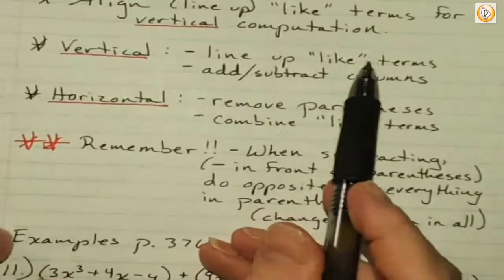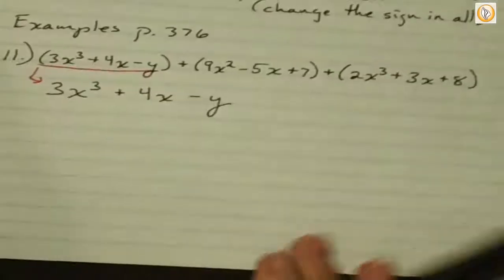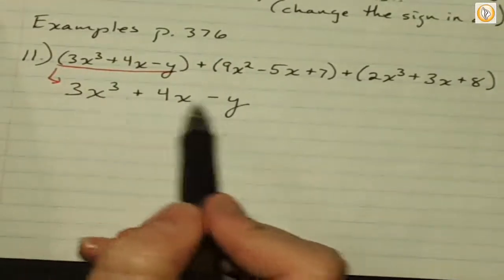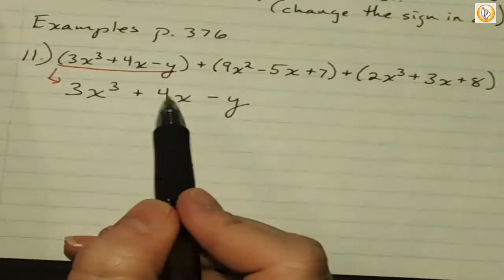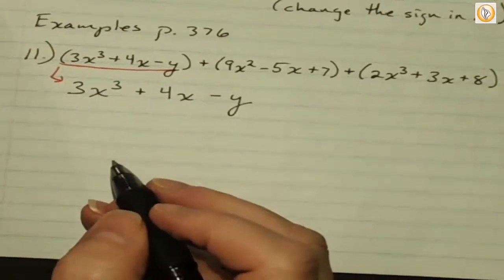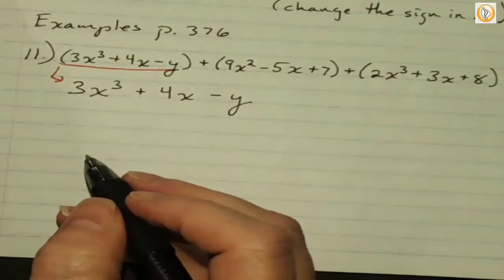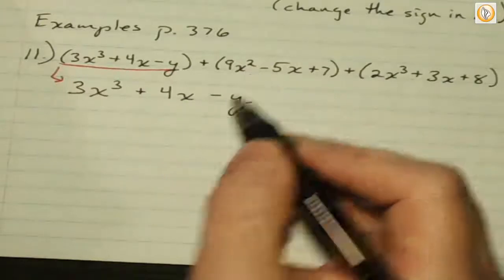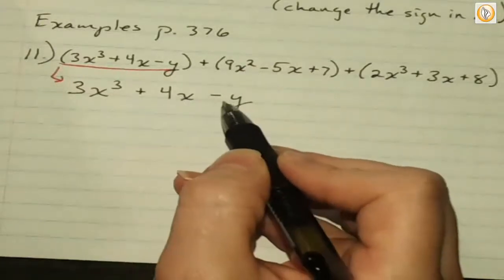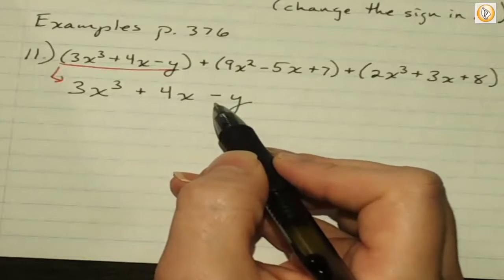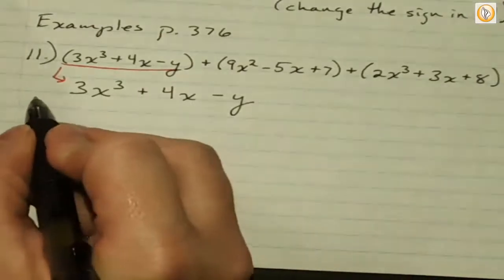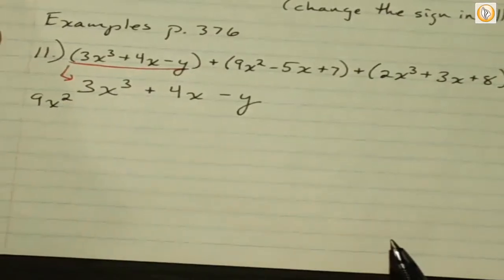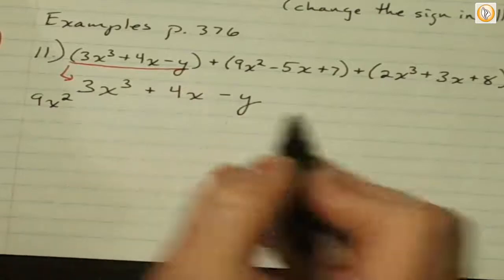Remember up here, we line up like terms. 9x squared. Can I line it up with any of this here? Michael, what can it go with? What's it a like term with? Nine x squared. Can it be combined with any of this stuff? No. So look what I'm going to do with it. I'm going to put it over here. So you need to write that down. It cannot be combined with any of this.